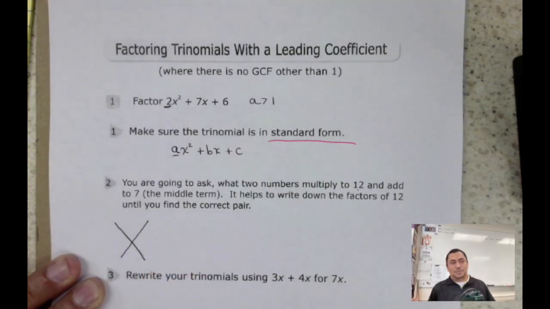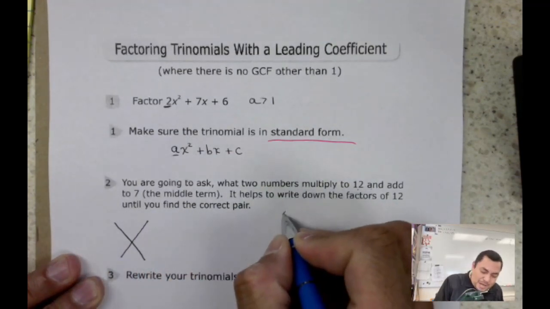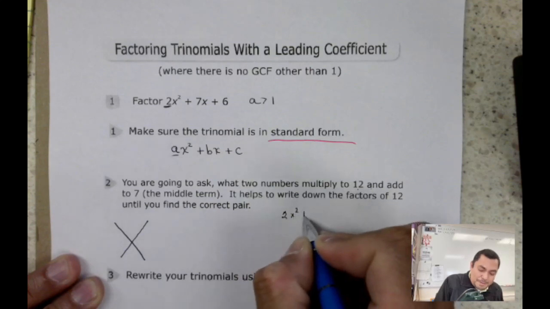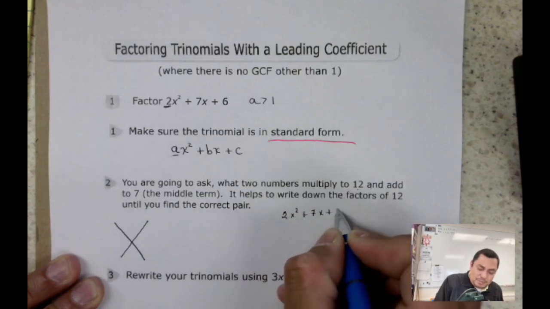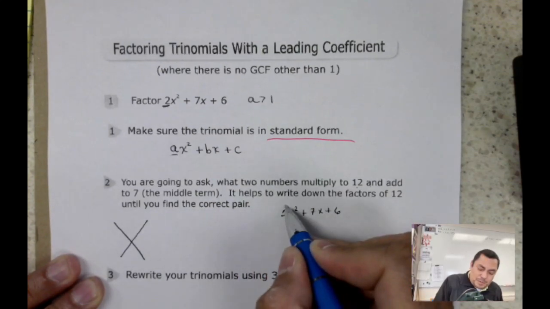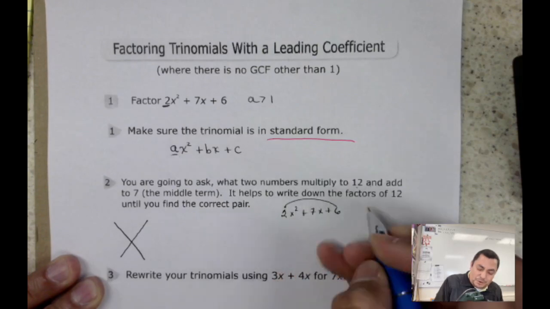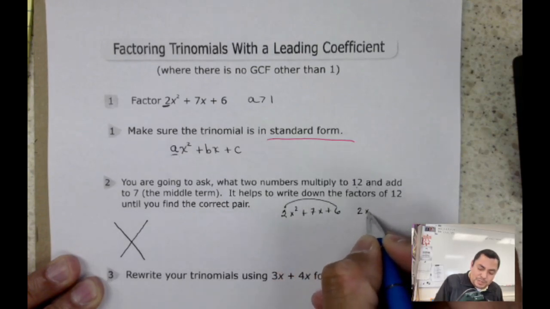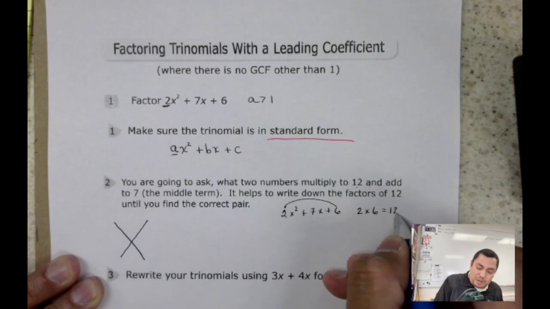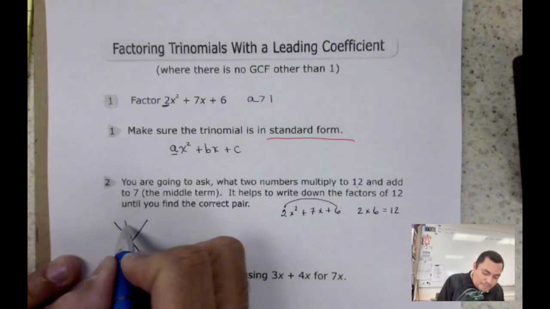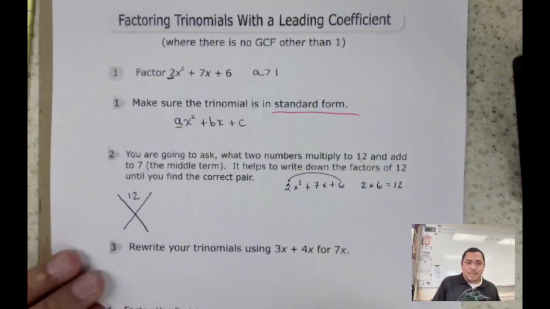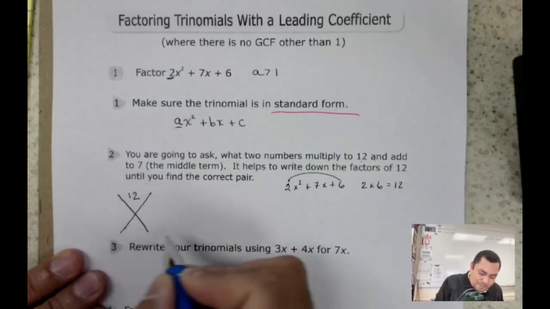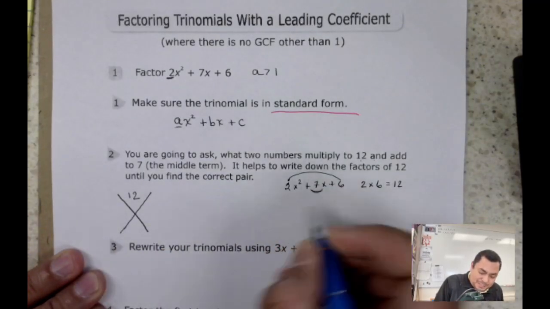What that means is, I have 2x squared plus 7x plus 6, so I'm going to multiply the leading coefficient with the independent term. 2 times 6 equals 12, and this 12 goes on top of my x. Now, which number goes at the bottom of my x? It's the middle term, 7.